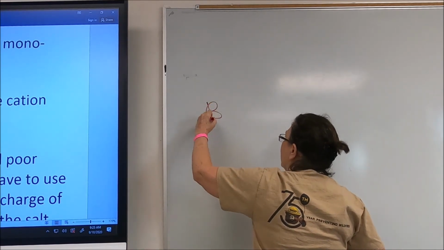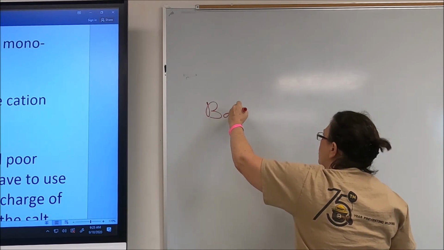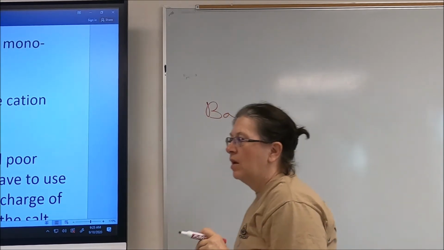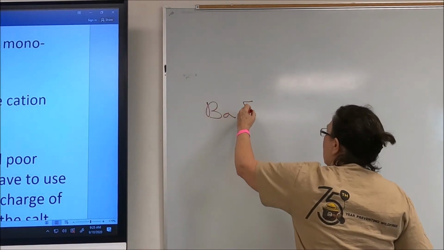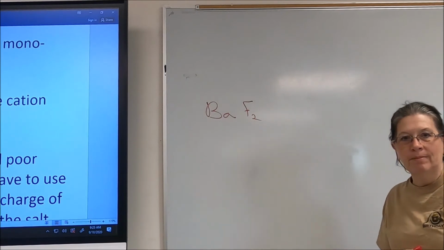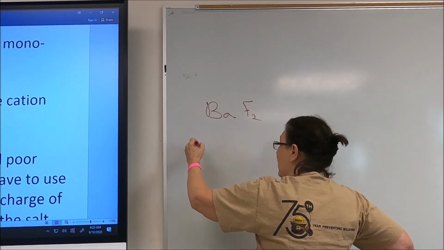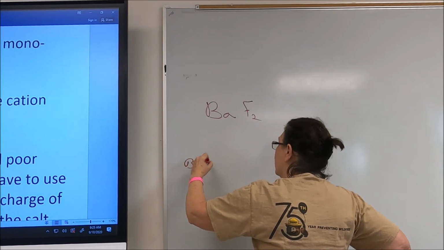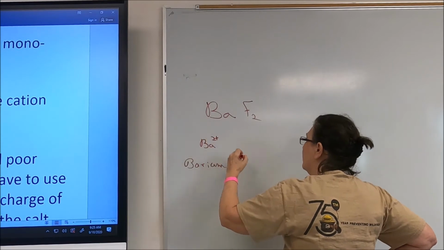Now, if I had Ba, let's see, what barium compound do I want? Let's go BaF2. Okay, barium ion, so it's Ba2 plus.